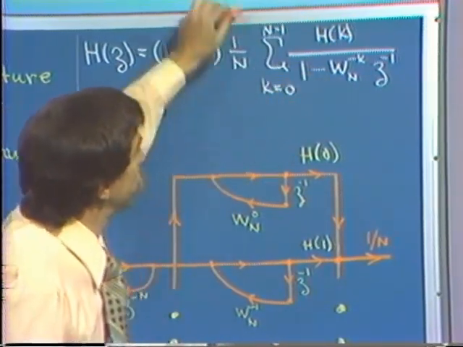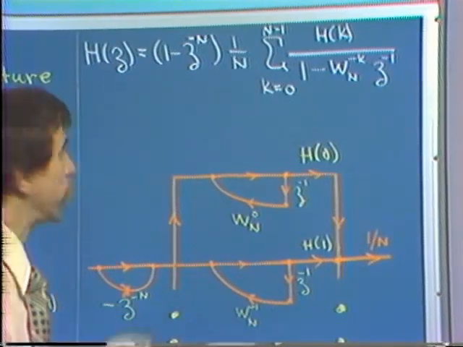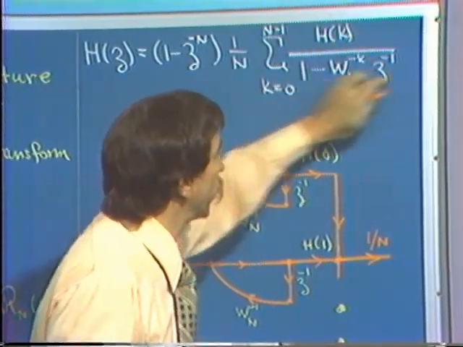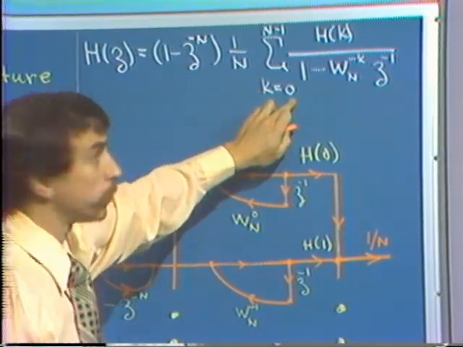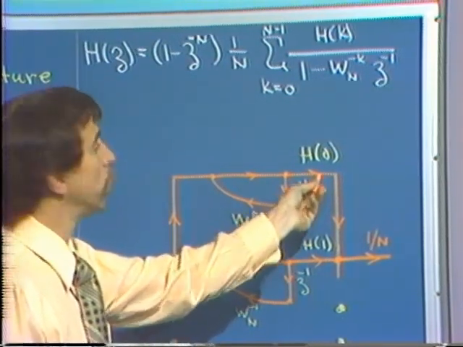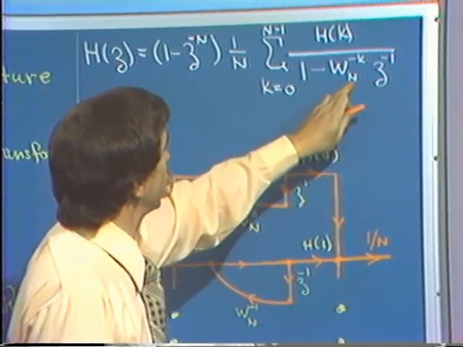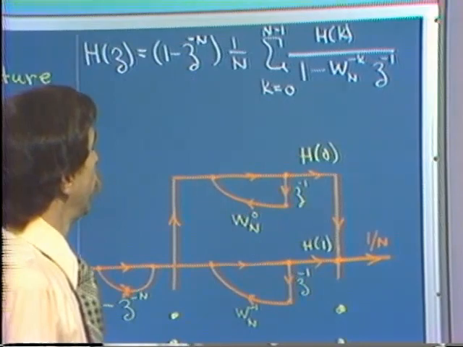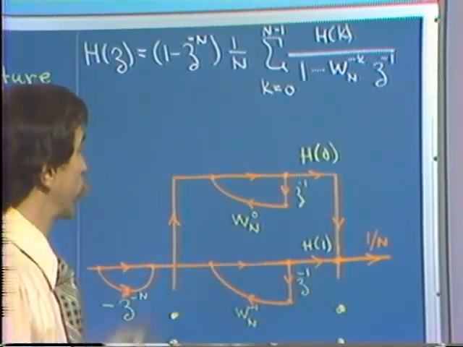To implement this sum, well, this sum implies a parallel combination of systems, each system implementing one of these pieces. So if we look at this, say, for k equal to 0, we have a coefficient H of 0, as I've indicated here, and a pole. And where is the pole? Well, the pole for k equals 0 is at W sub N to the minus 0. For k equal to 1, it's at W sub N to the minus 1 and on through.